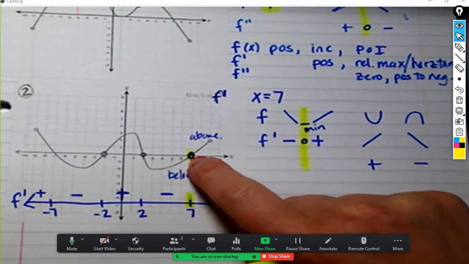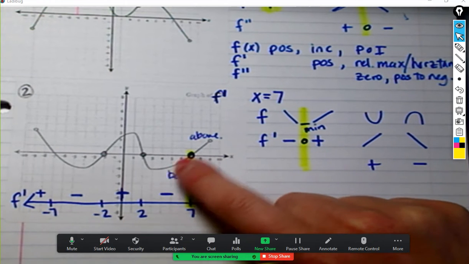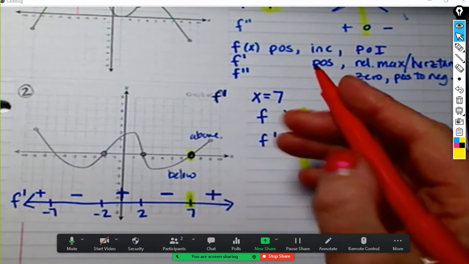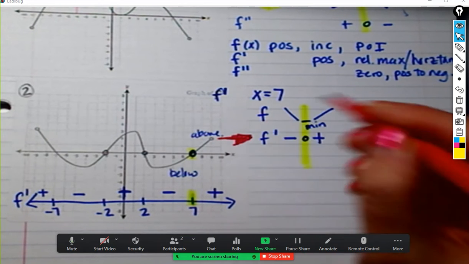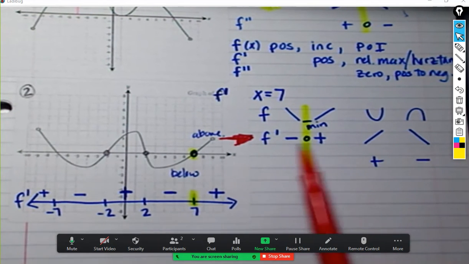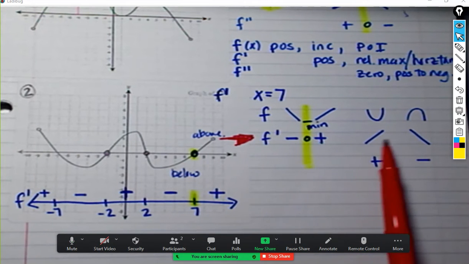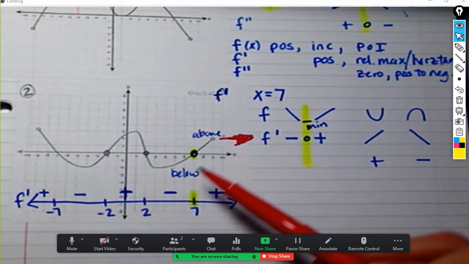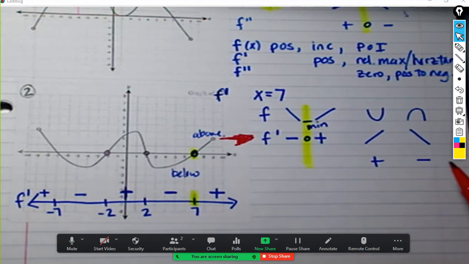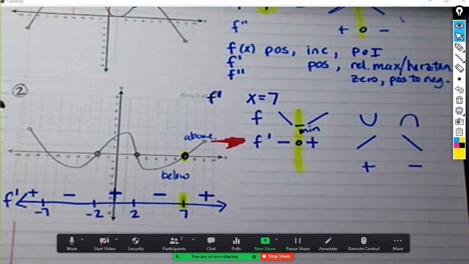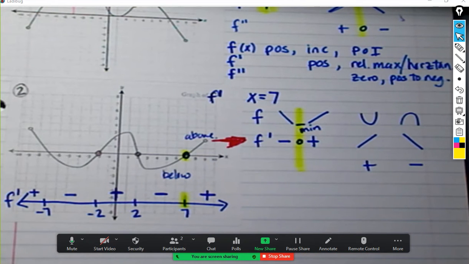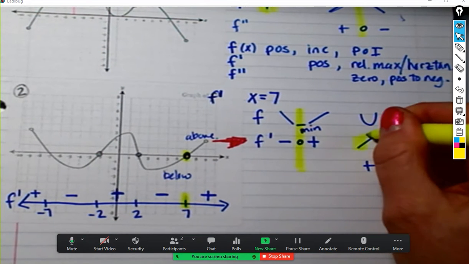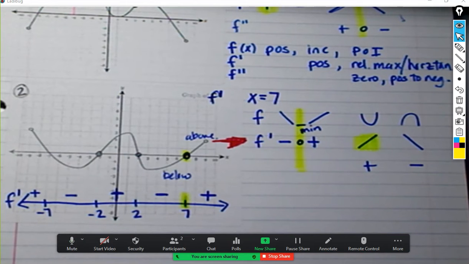I can see that it's 0. I can see that it's going negative to positive, right? Because this is what I'm coming in at, right there. Anything else you can see here? What about these two columns? Is F prime increasing or decreasing? Increasing, so I can see this. That's what I can see.